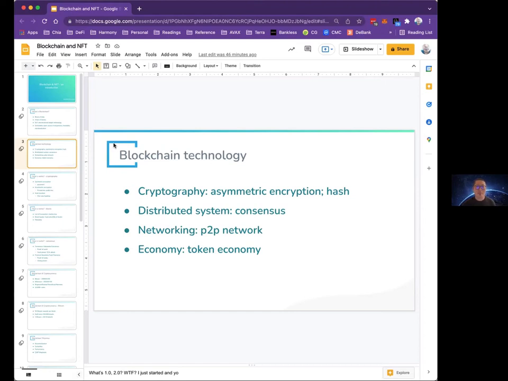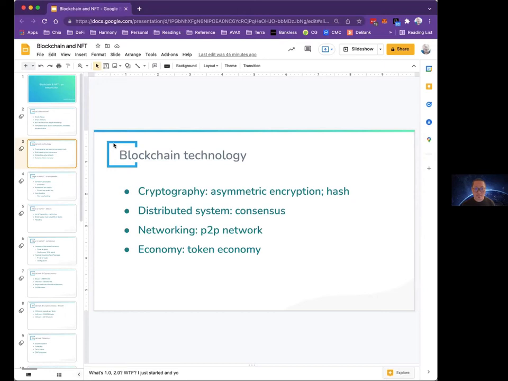The blockchain also uses distributed systems. Like all the services and websites we use, underneath there is distributed system technology being used. One key important distributed system subject here is called consensus. Of course, networking. In the blockchain network, it's all P2P, a peer-to-peer network. That's why the P2P network is a key foundation technology in blockchain technology.